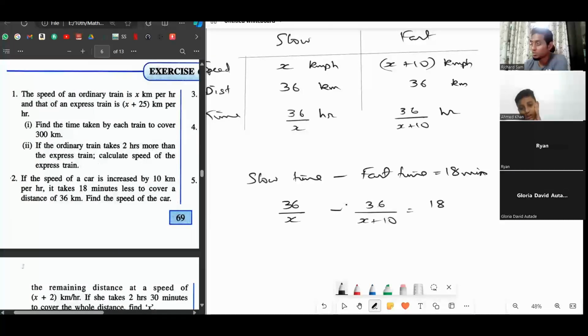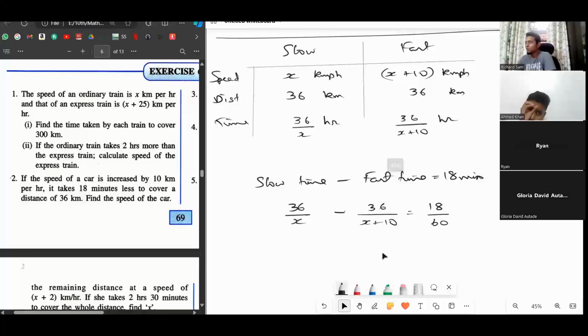Here the time is in minutes. So how do we convert the minutes to hours? Divide by 60. Because in 1 hour there are 60 minutes. And when we're converting from a smaller unit to a bigger unit, you're dividing. This is your equation. If you solve this, you'll get your answer for x.